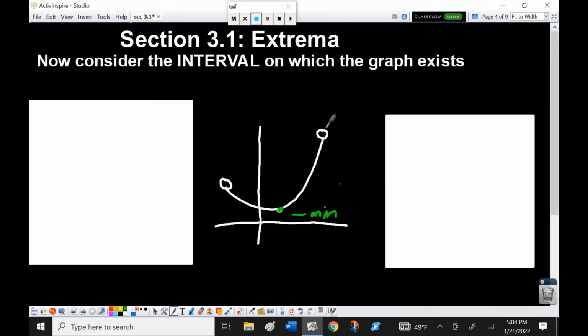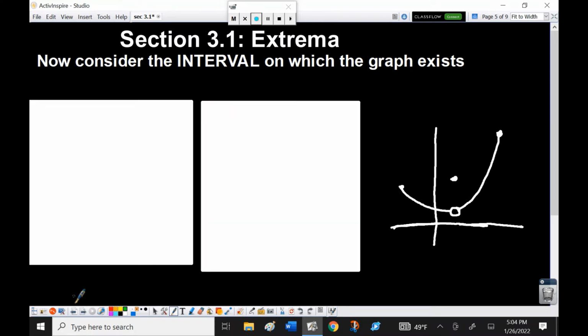But the highest point is non-existent. So this is not a maximum because there is no point that is the absolute greatest value. You could get closer and closer to this open dot and never actually touch it. So there is no maximum.